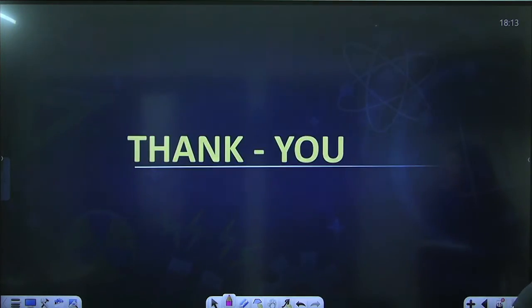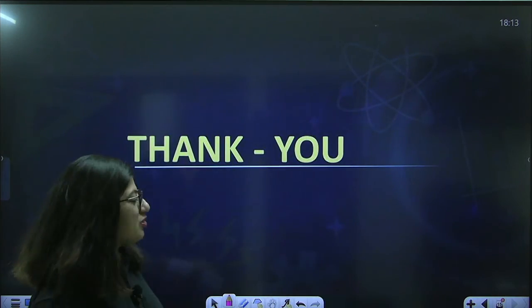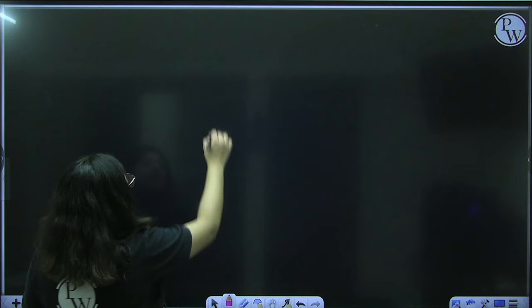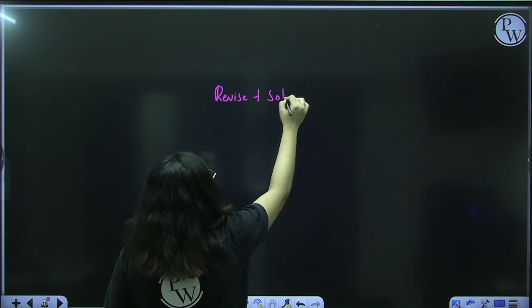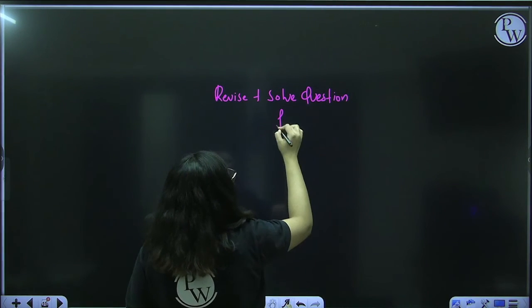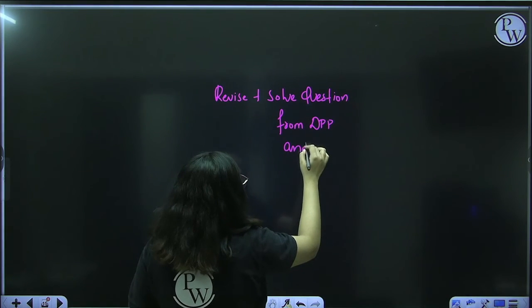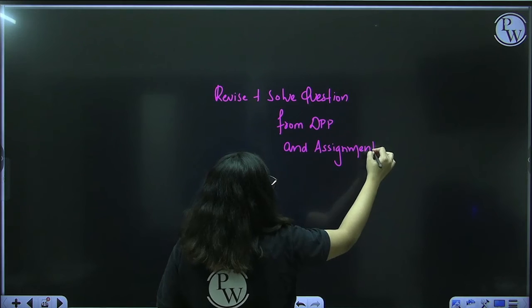Okay. So that's it about your glands and all. So what's your homework? Revise plus solve questions. Solve questions from the DPP. I will provide you the DPP and assignment of the module.